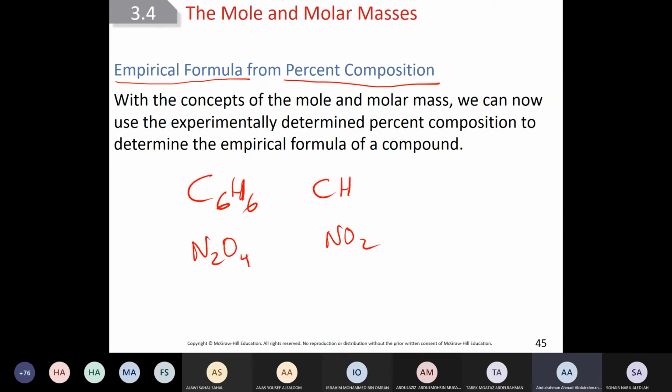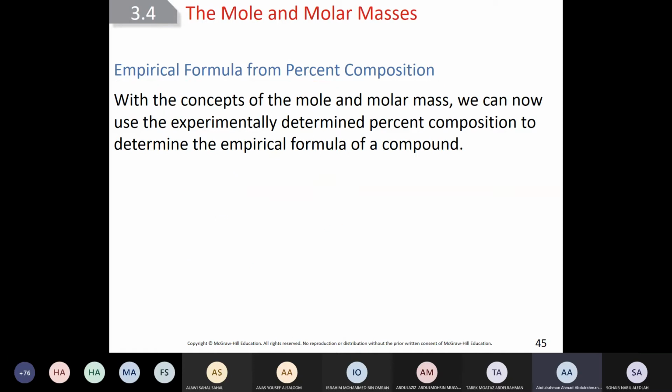That's the meaning of empirical formula. Next question. What's the percent composition? What do you mean by the percent composition?